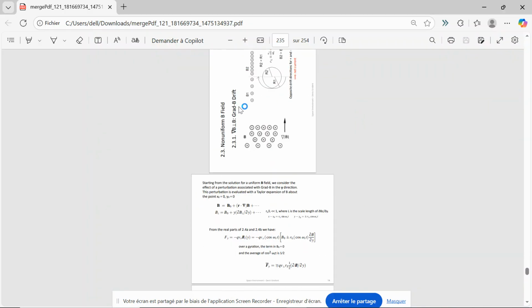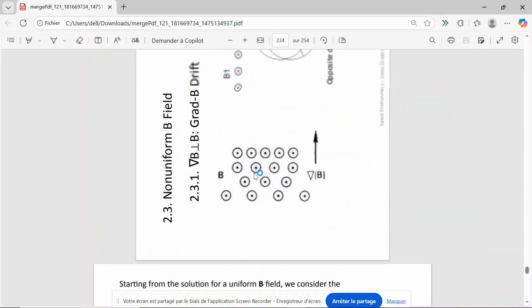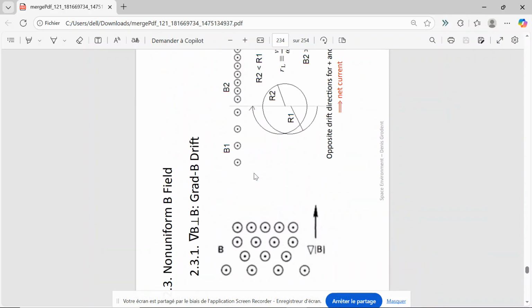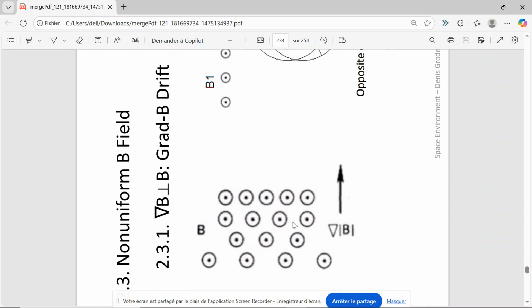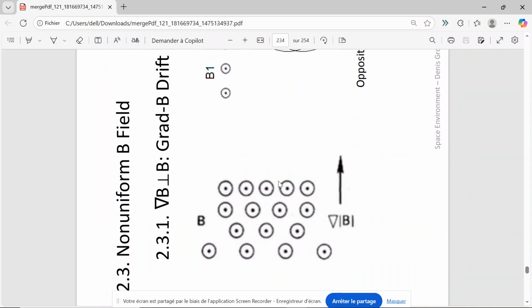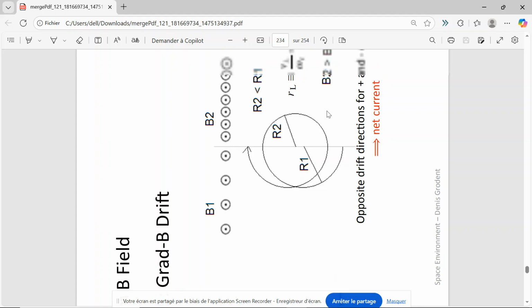So now the most important drift is the one induced by the gradient of the magnetic field. The magnetic field is increasing. However, here we see that the magnetic field is increasing in the direction perpendicular to it, whereas in reality we have an increased magnetic field in the parallel direction. So this is just a representation.